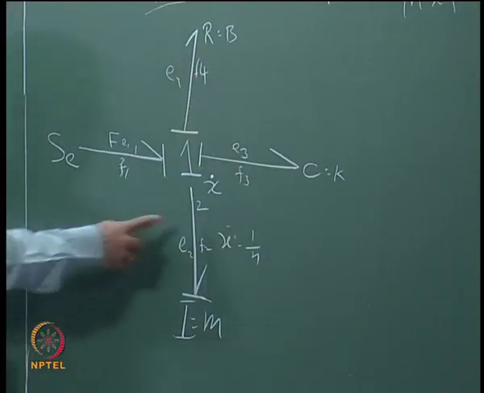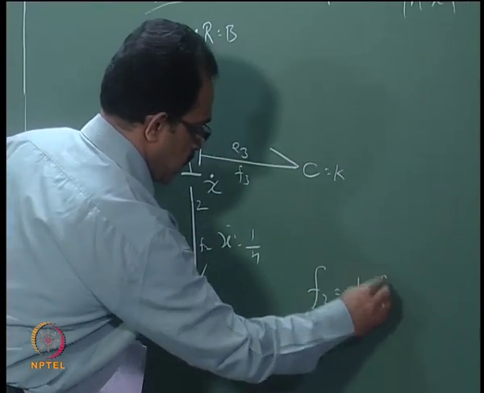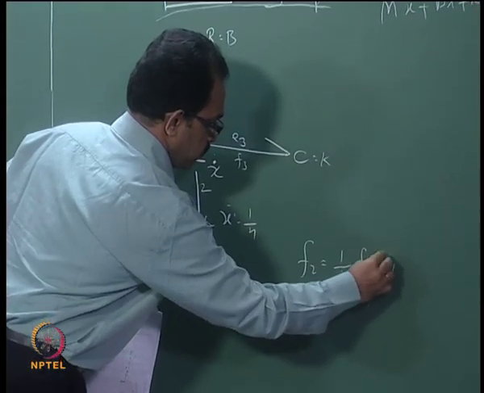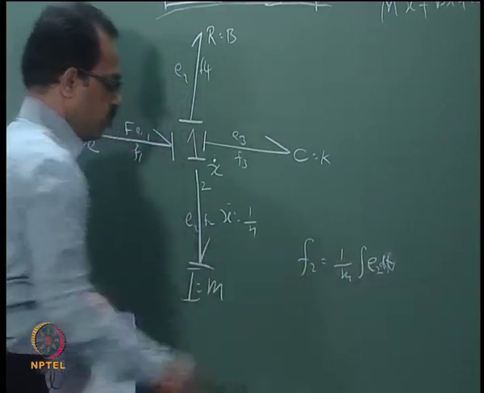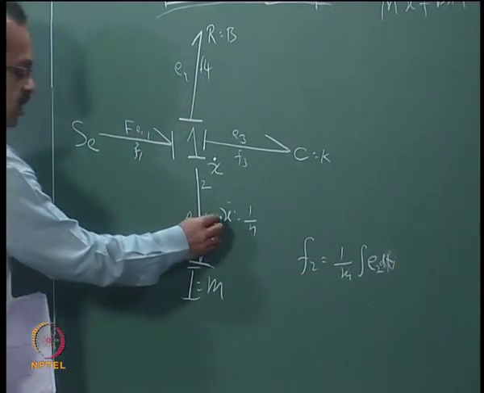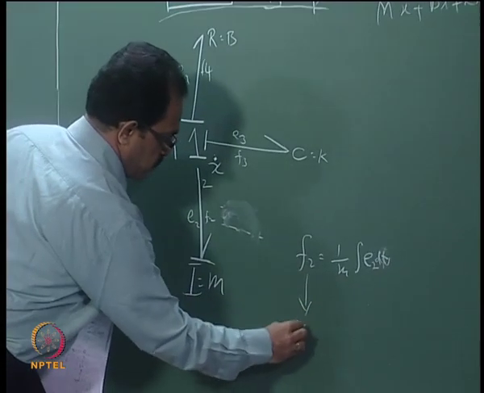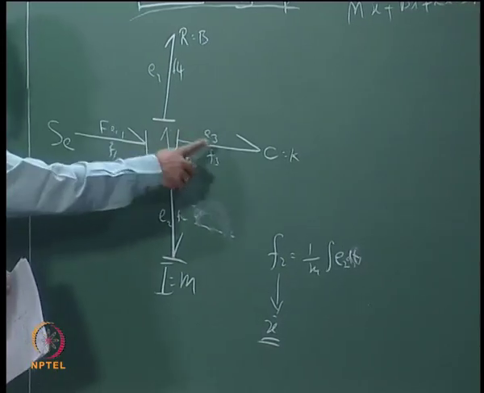I can calculate F2, which is nothing but 1 over m integral of E2 dt. That is the velocity, or F2 here. F2 is nothing but x dot, the junction velocity. So x dot is calculated, and all the others follow from this.